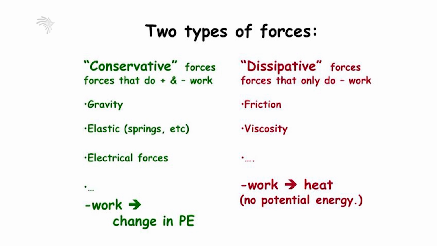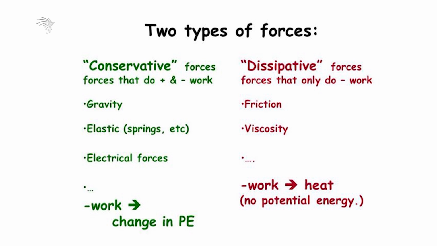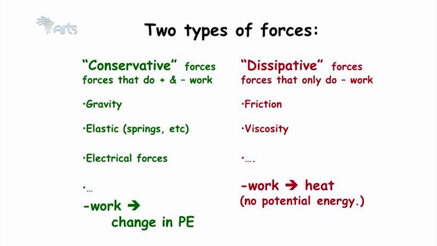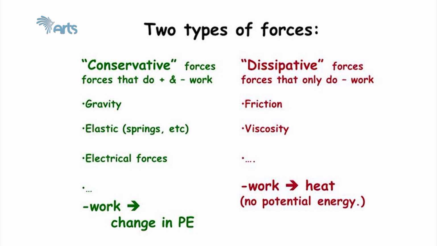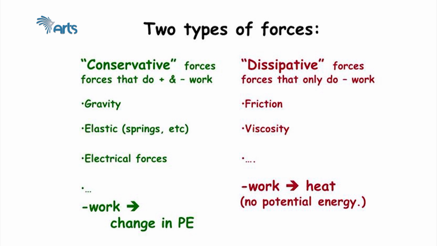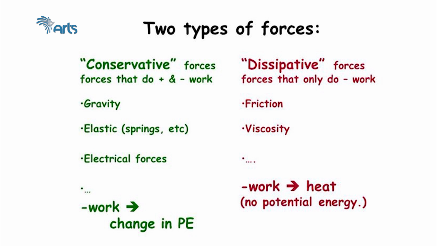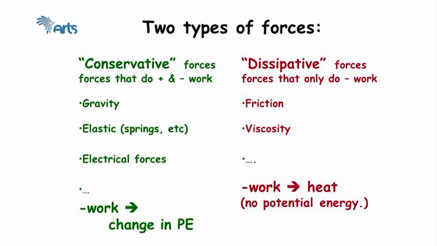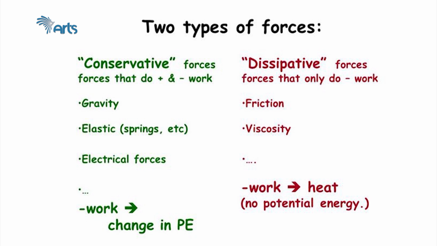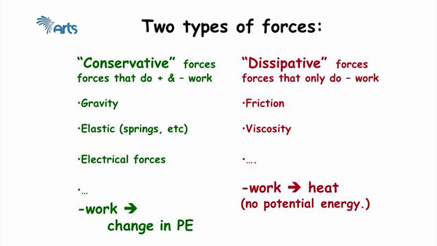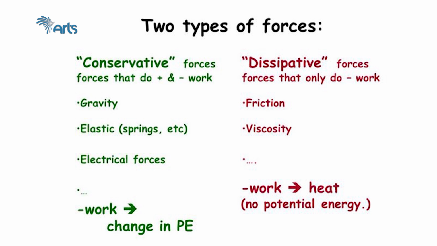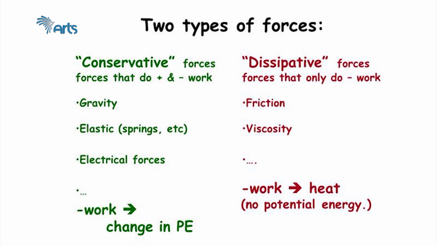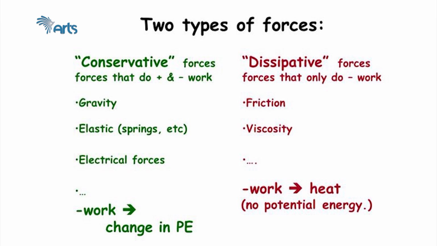We can take gravity, elastic force and electrical force as examples of conservative forces. When we see dissipative forces, these forces do only negative work. So in any closed loop, they do some amount of negative work. These forces are like friction and viscosity. They do negative work, meaning there is a loss of energy, and it will be changed into heat and sound energy.